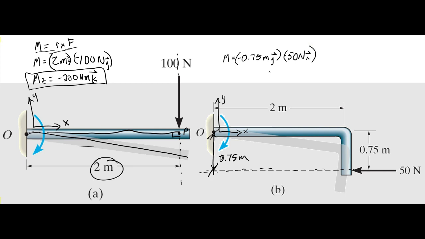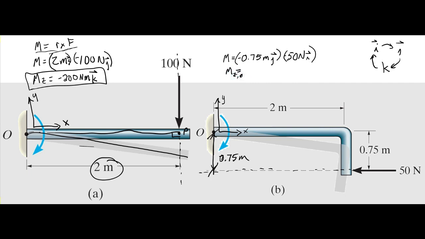So that would be applying a J cross I. So if you remember, I, J, K. So if you're going this way, you're going to have positives, and if you're going this way, you're going to have a negative. So the M then is equal to, you know it's going to be a K, so this is an MZ about point O.